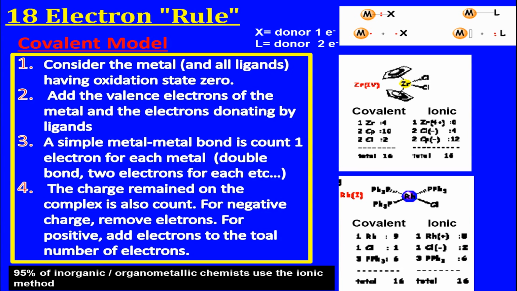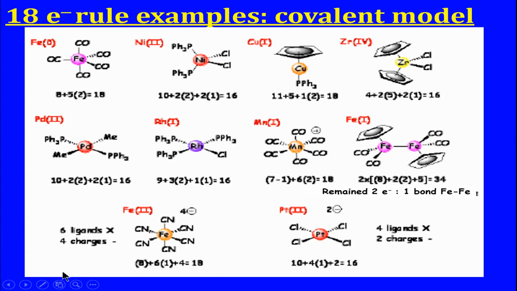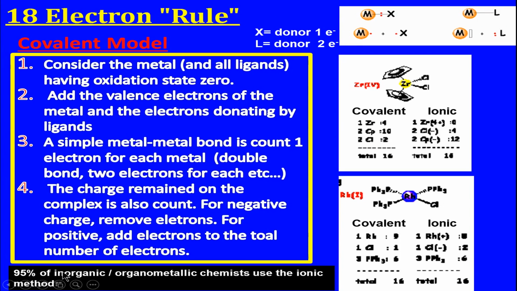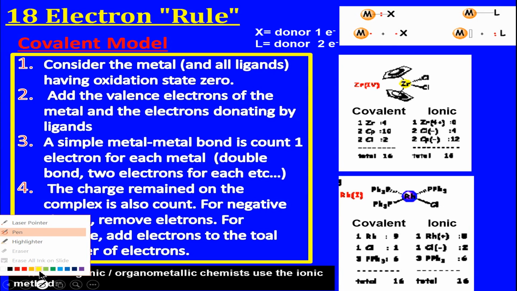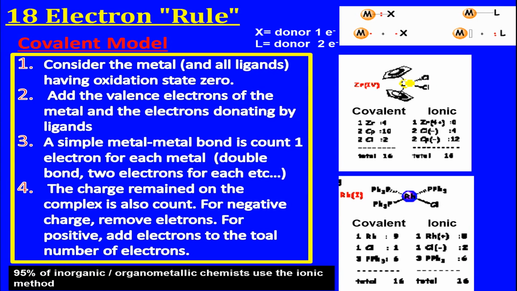This is zirconium 0. Zirconium 0 means d4. I have Cp and Cp.